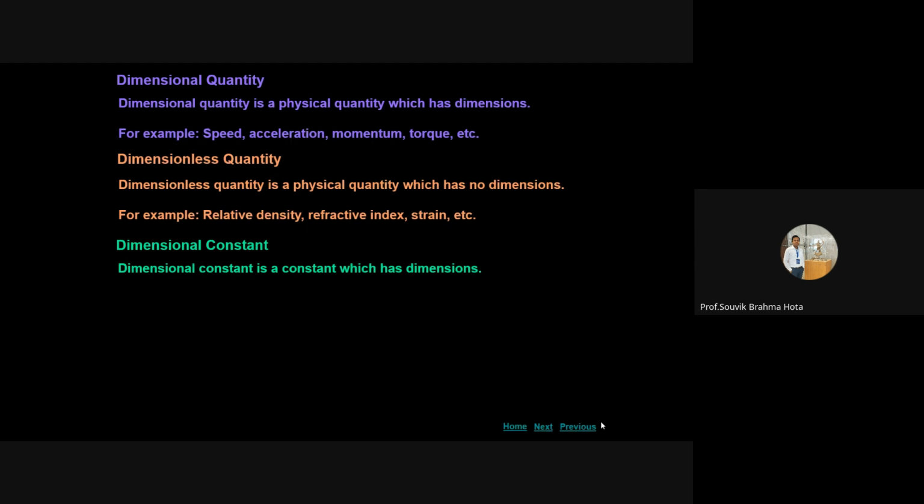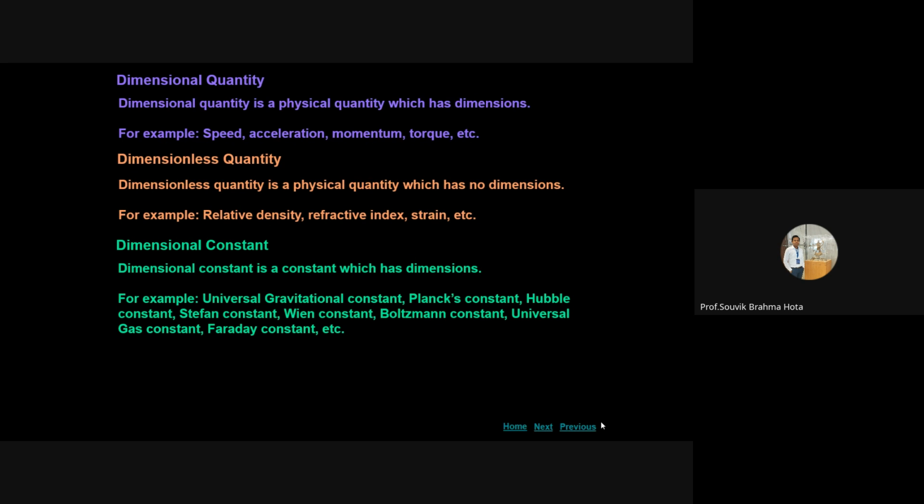It is not that all constants lack dimensions, but certain constants have dimensions. Those are known as dimensional constants, like the universal gravitational constant, Planck constant, Hubble constant, Stefan constant, Wien constant, Boltzmann constant, gas constant, universal gas constant. In chemistry you might know it as capital R. Faraday's constant too. All are dimensional constants, and questions may be asked from these constants.